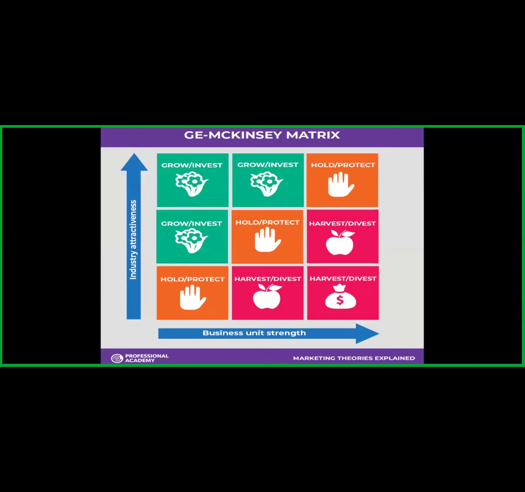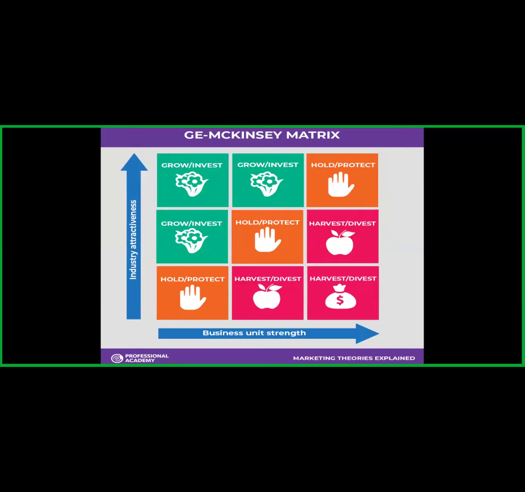Now, this analysis helps to determine the best possible strategy the company can implement. You can see in the green quadrant, two words are written: grow and invest. Then in orange, again two words: hold and protect.